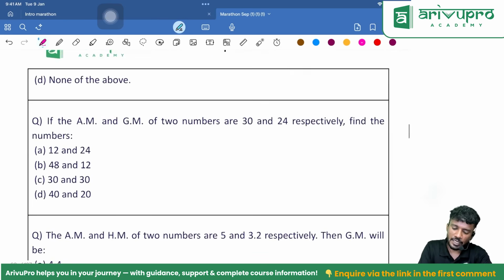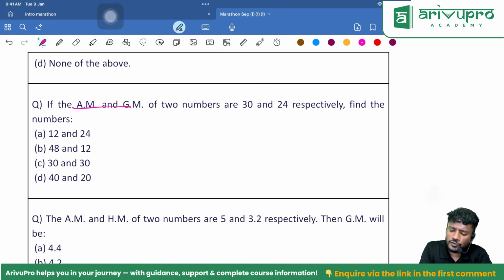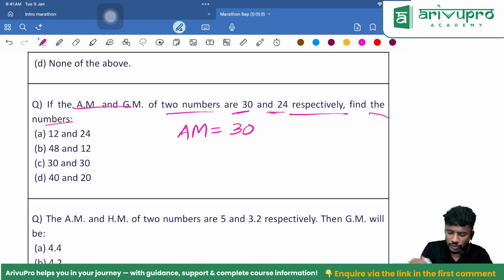That is the question. Now, if AM and GM of two numbers are 30 and 24 respectively, find the numbers. So, AM is equal to how much now? 30. That means the two numbers should add and, divided by 2, give you 30. Then GM of these two numbers should be 24.